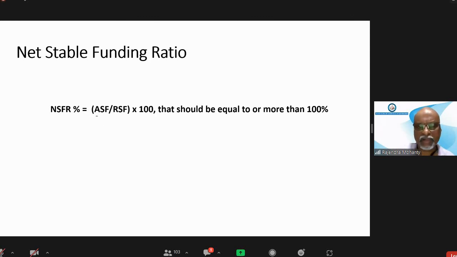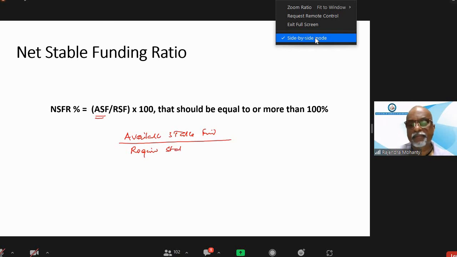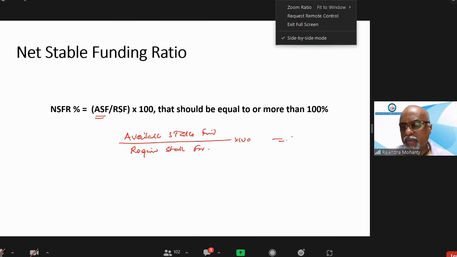ASF is the available stable fund the bank has right now, divided by RSF, the required stable fund. This percentage should be equal to or more than 100%.